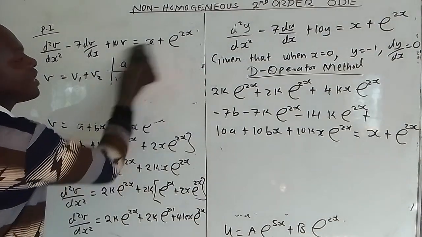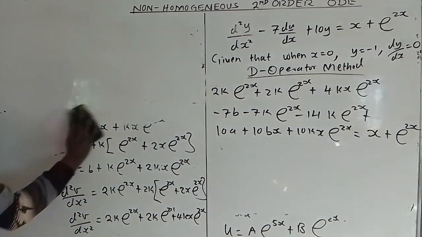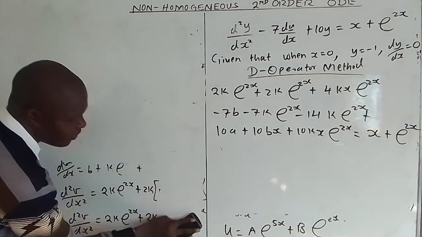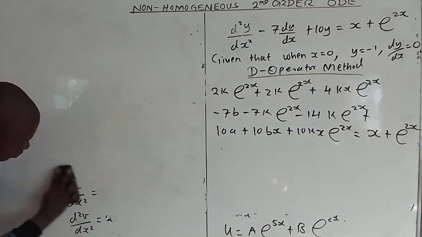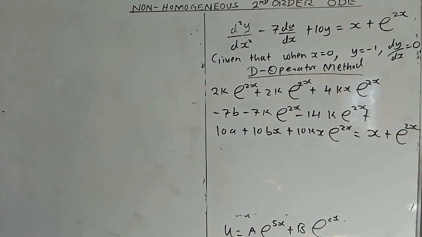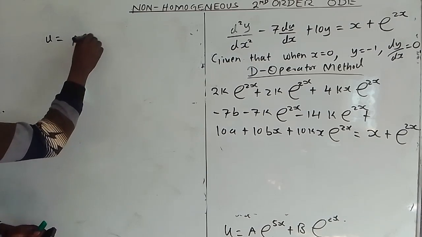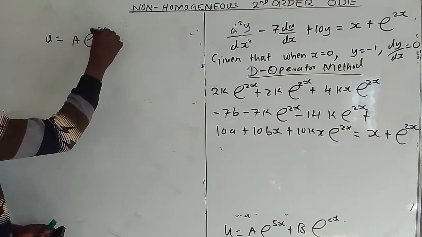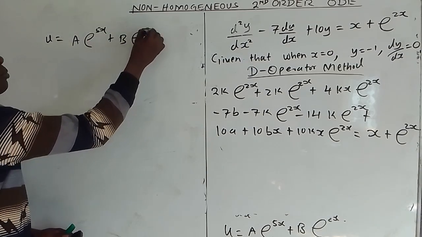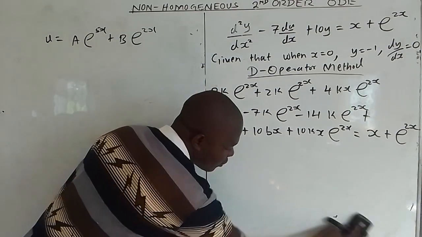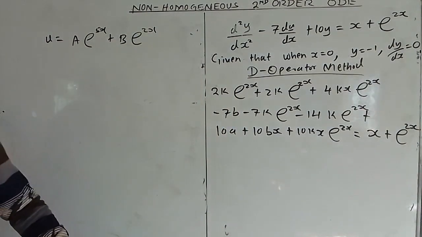So having gotten that, we need more space. So just put u here for us to use this space down there. u was a exponential 5x plus b exponential 2x, isn't it? So we want to use this space down here. So start.